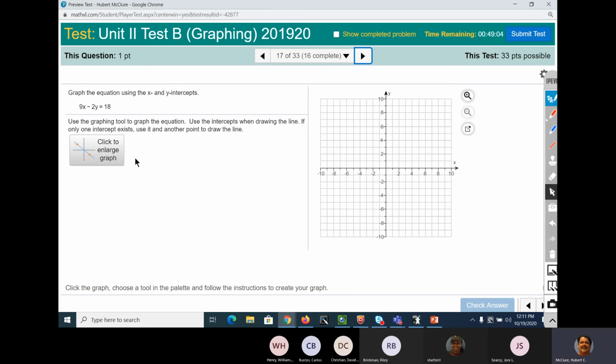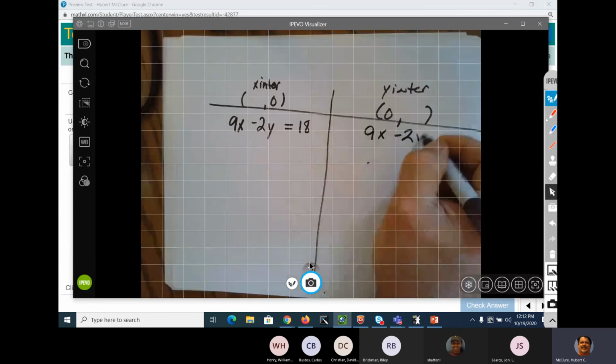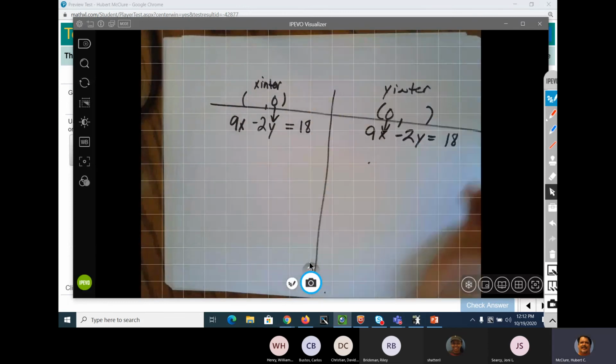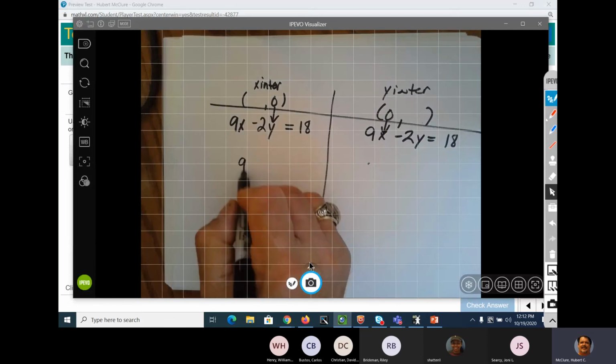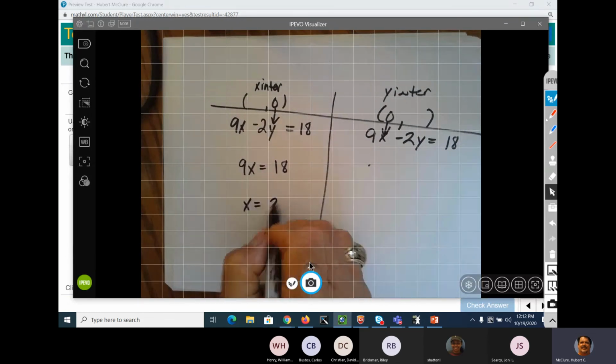9x minus 2y is equal to 18. 9x is equal to 18. X is equal to 2.